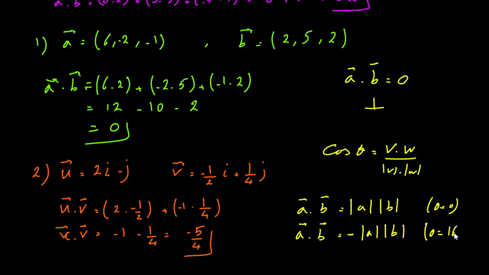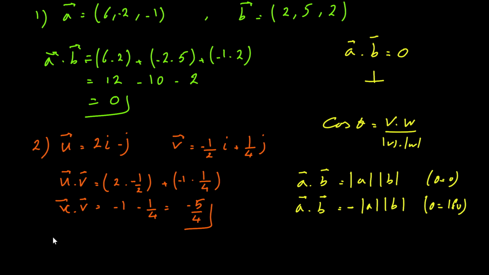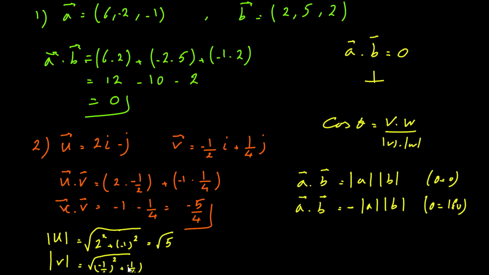I have the dot product. I need to find the magnitudes. So the magnitude of vector u is going to be 2 squared plus negative 1 squared, which gives me 4 plus 1, 5, root 5. And the magnitude of v is going to be negative 1 half squared plus 1 over 4 squared.